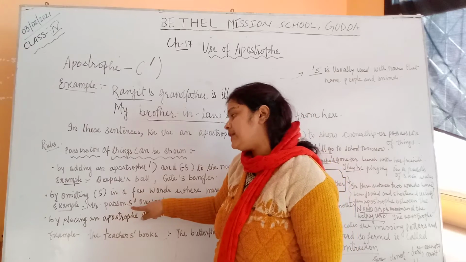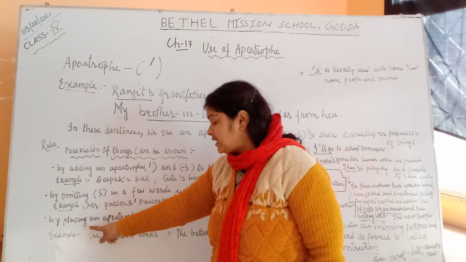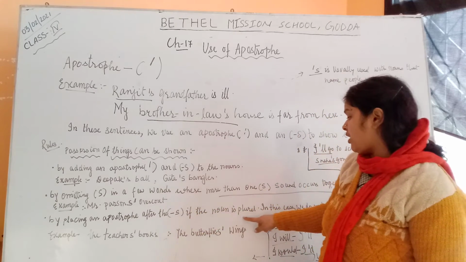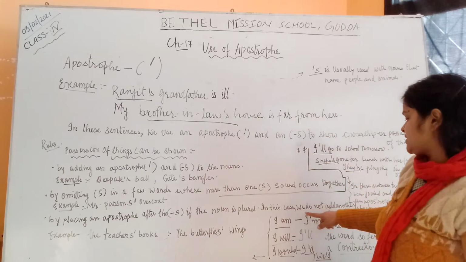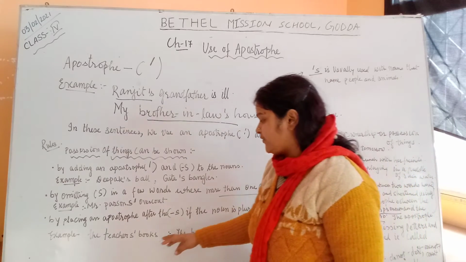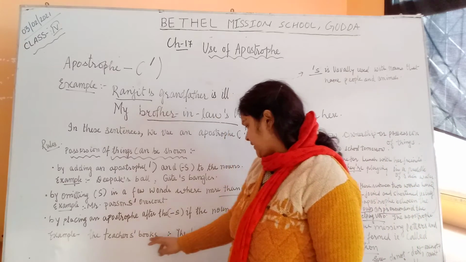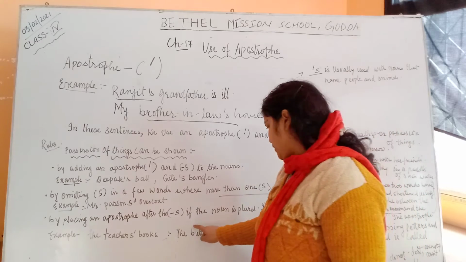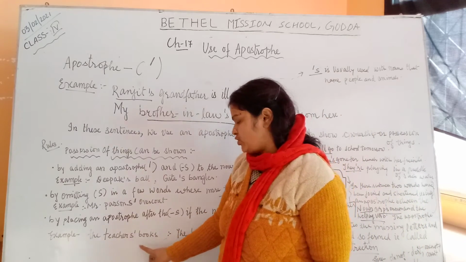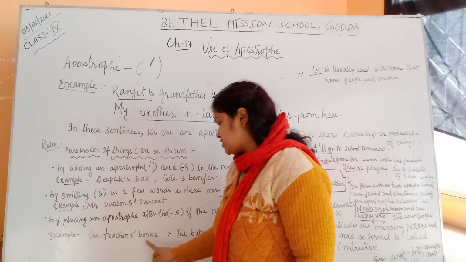The third rule: by placing an apostrophe after the S, if the noun is plural. In this case we do not add another S. One S is omitted when the noun is plural and only the apostrophe mark is added. This example is the teachers' books.